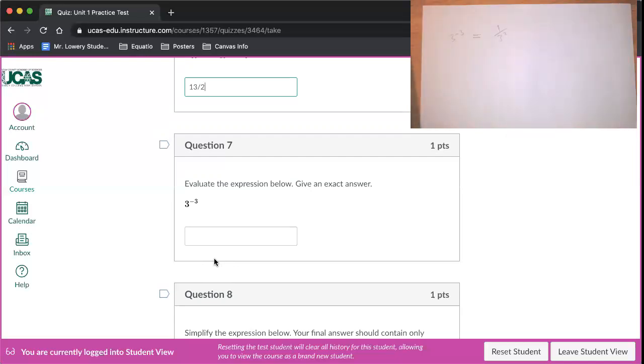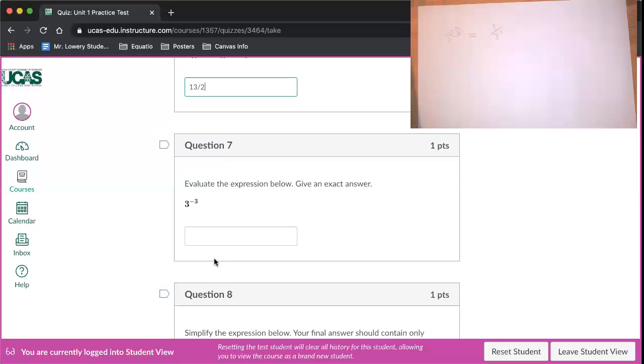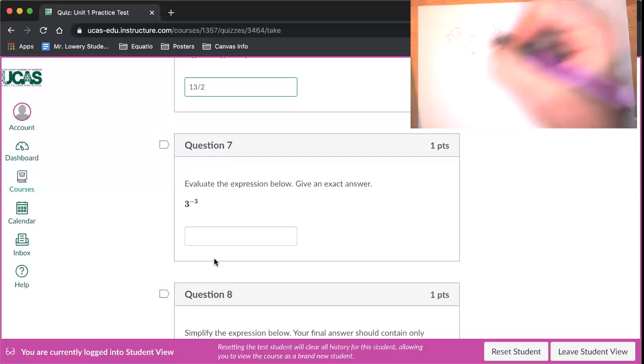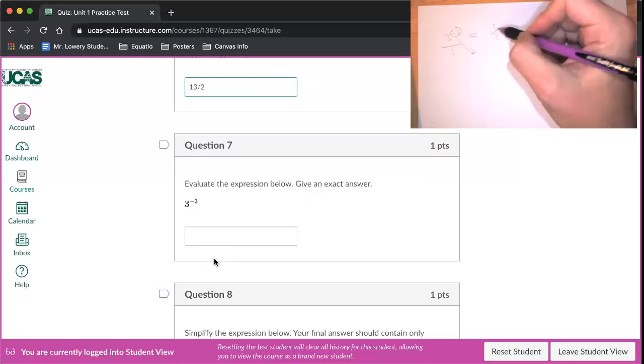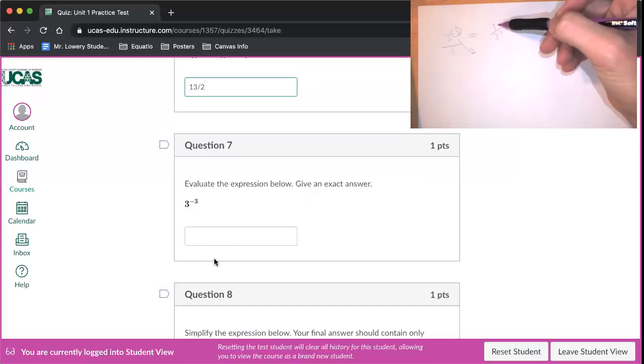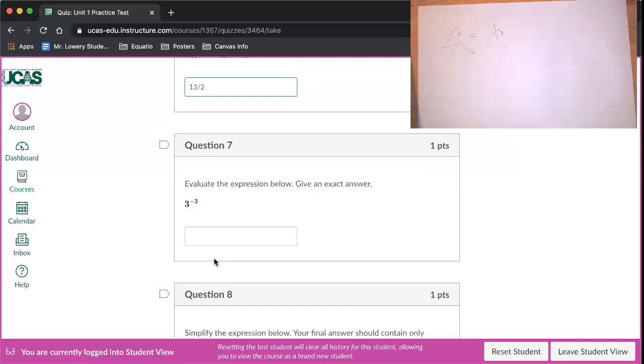If we use our little analogy, the bad parent analogy, this little 3 has a negative thought bubble, so we're going to send him down to the basement, right? You think about this as a fraction. When we send this guy down to the basement, there still has to be something left on top as a placeholder, and that's going to be 1, which is the multiplicative identity. Sorry, this should be 3 to the 3rd. So that's kind of how we deal with the negative exponent.